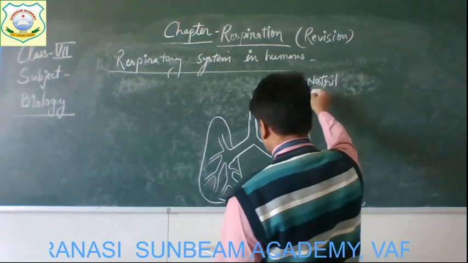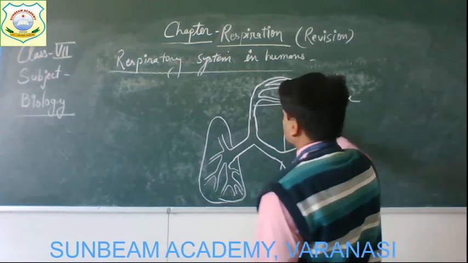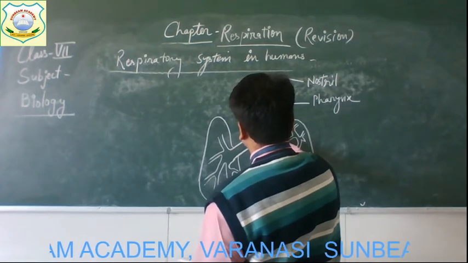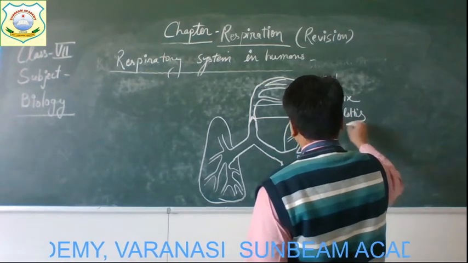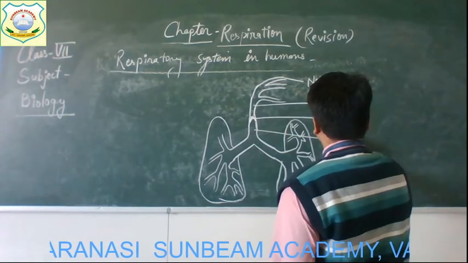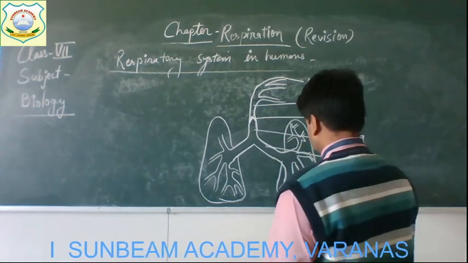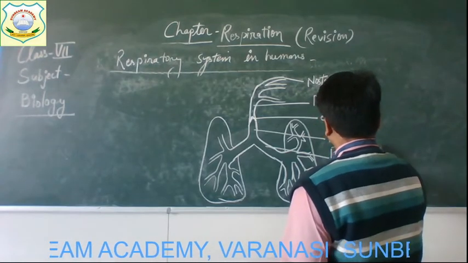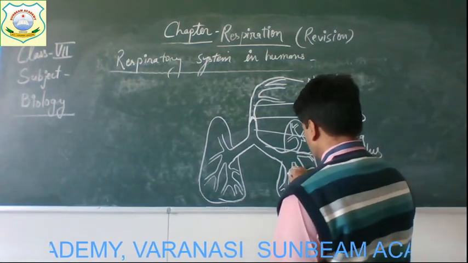Now, after that, this one is the pharynx, epiglottis, trachea or windpipe, bronchus, and the bronchus gets divided into bronchioles.